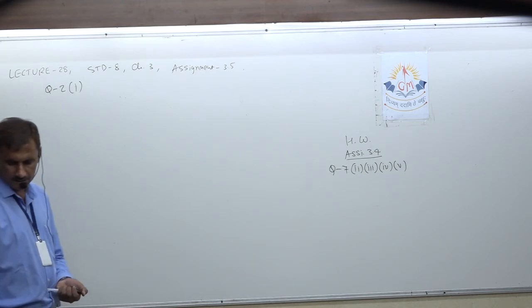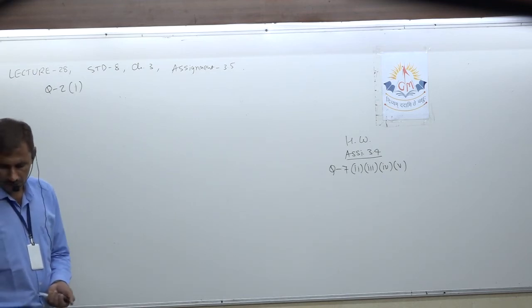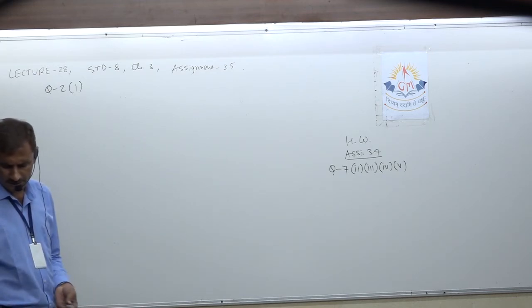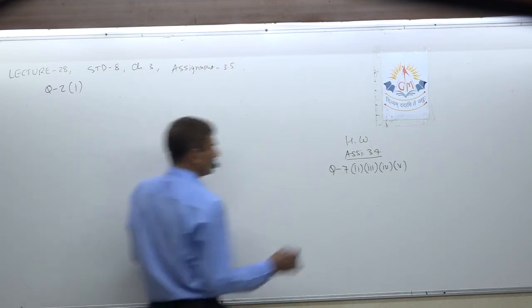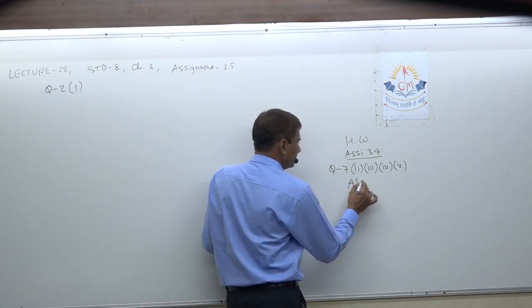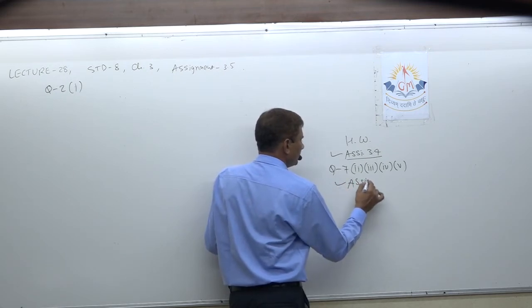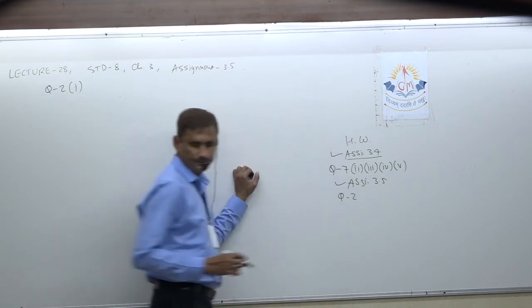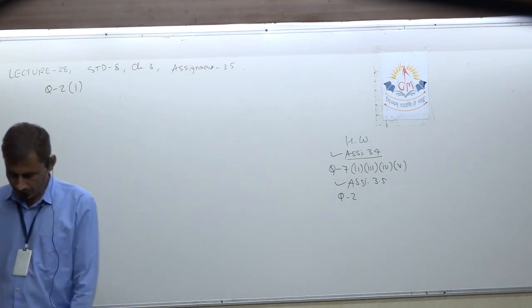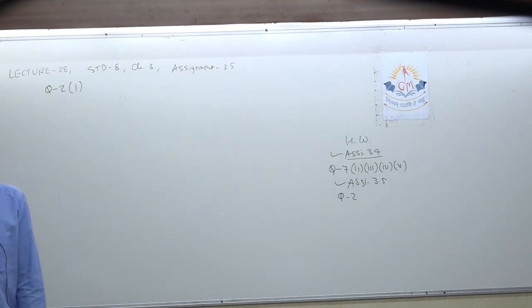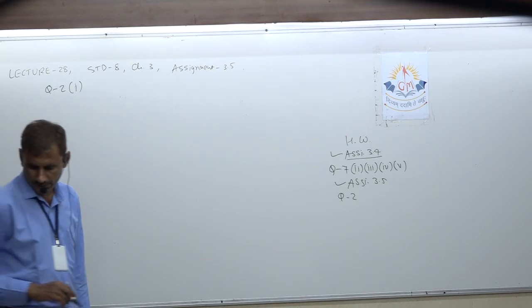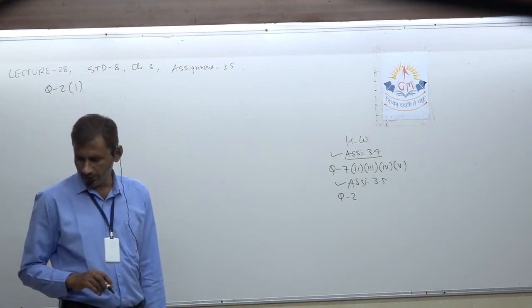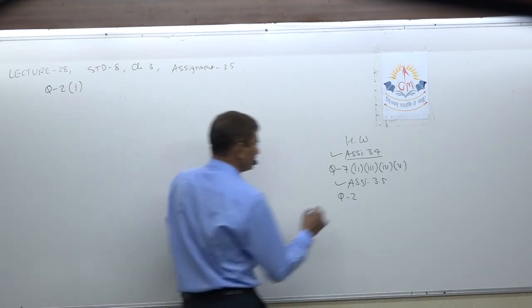Let's see the third one first of all. First and second are simple. So from assignment 3.5, main question number 2, I am giving you right now the first, second and fifth, 1 to 6, one negative number I am taking.